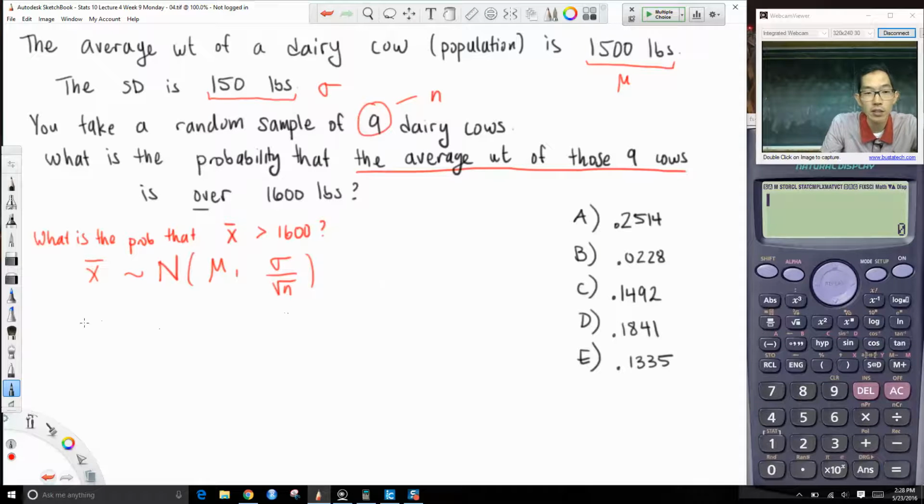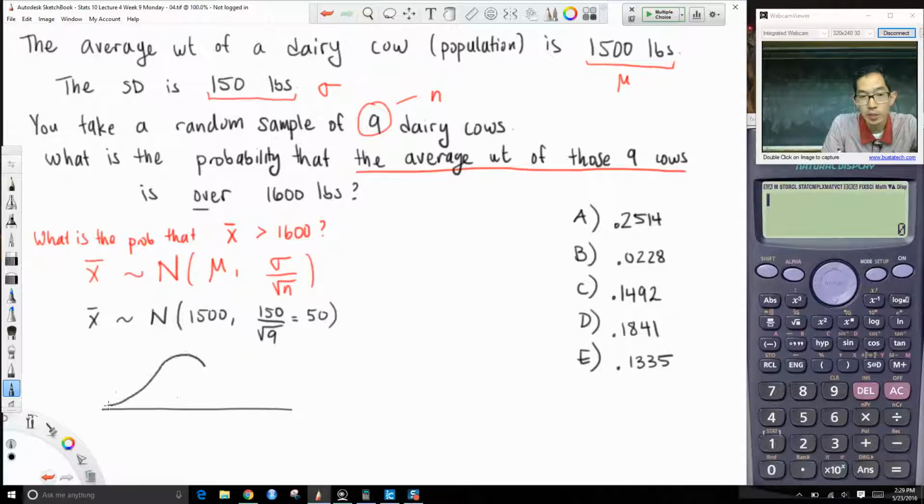Okay, so here we've got X bar coming from a normal model with a mean of 1500 and standard deviation 150 over the square root of 9. 150 divided by the square root of 9 is going to be 50.